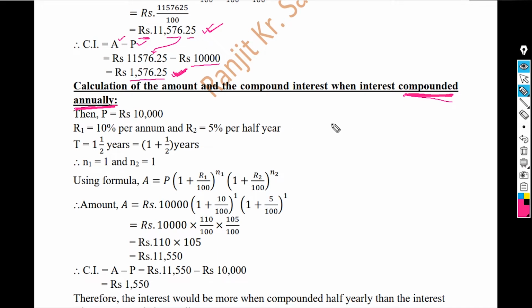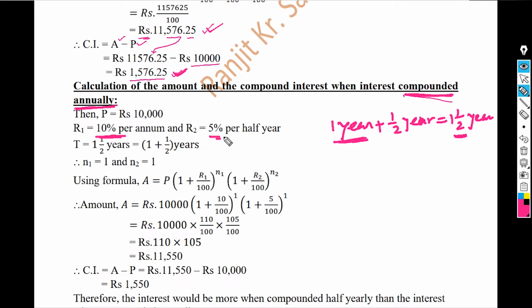You have one complete year and half year. Altogether it is 1.5 year. Then for this 1 year, your rate of interest is per annum, this is 10%, and for this half year it is 5%.